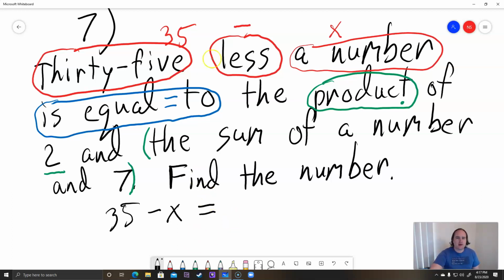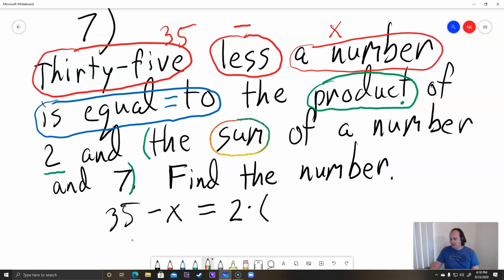Okay, but anyway, we've got 35 minus x equals the product of 2 and the sum of a number and 7. So that's going to be 2 times parentheses the sum of a number and 7. Well, what does sum mean?